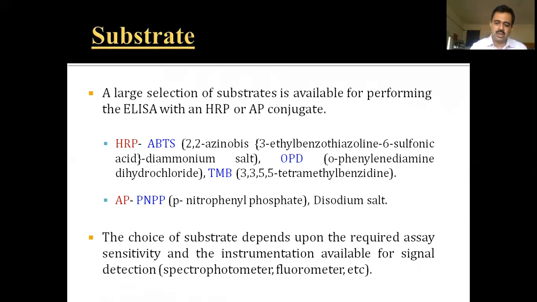The choice of substrate depends upon the required assay sensitivity and the instrument available for signal detection, spectrophotometer or fluorometer. So these enzymes have specificity towards their substrate, which, once added to the plate, will get converted into a product that we can analyze spectrophotometrically or with the help of a fluorometer.